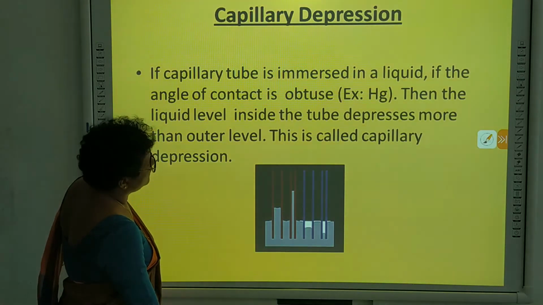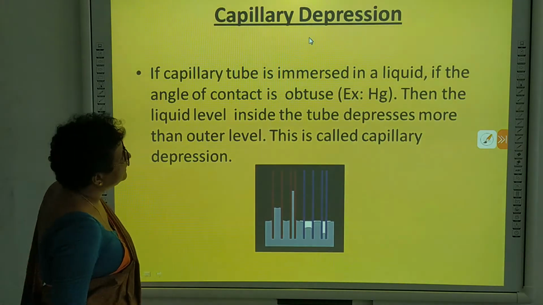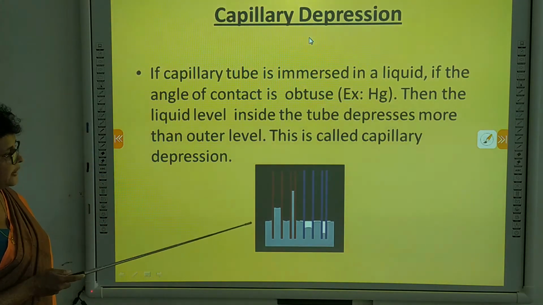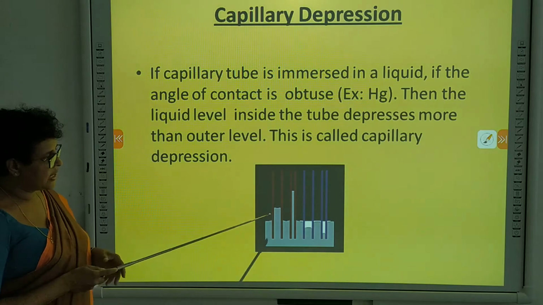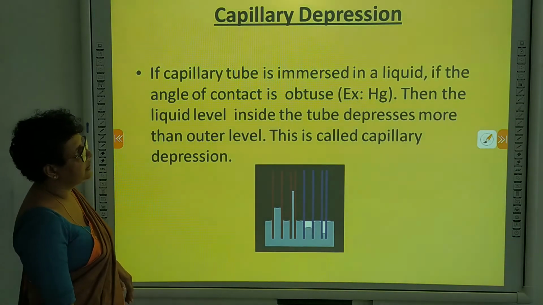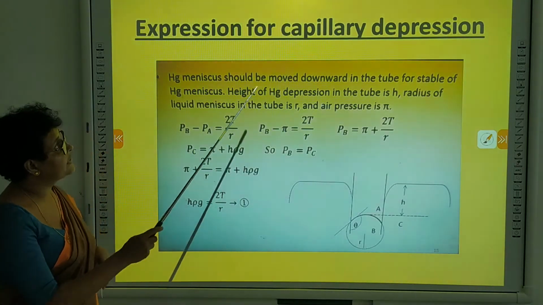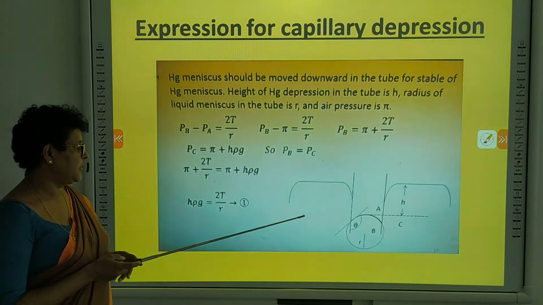Now, capillary depression. Capillary depression is this. Now we know what is capillary rise. Now this is capillary depression. So we'll have to find an expression for the capillary depression also.